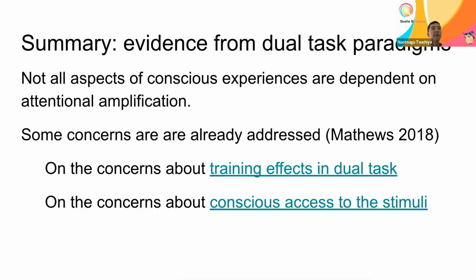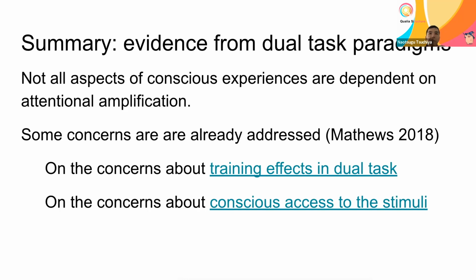So that means that when subjects report seeing that face with confidence, then their performance was also good. That means that there is conscious access to the stimulus discrimination under the dual task and also single task performance. So together with this, some of the concern about the dual task has been addressed.